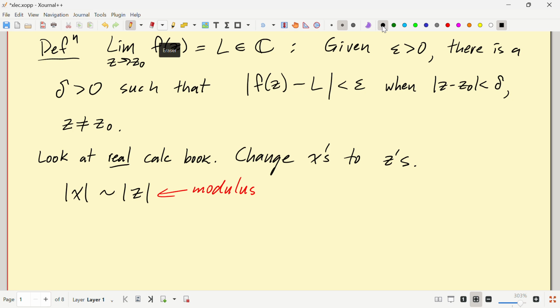So the basic fact is the basic rules of differentiation that you learn for real functions.